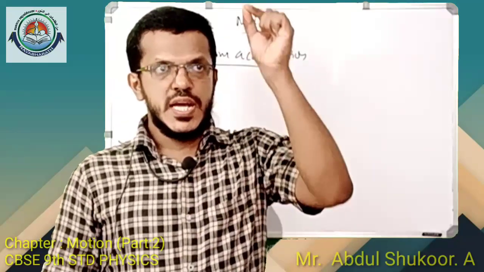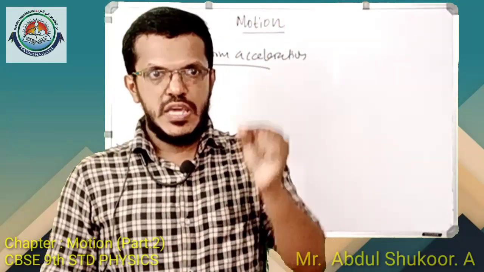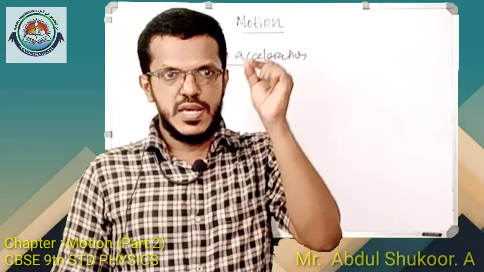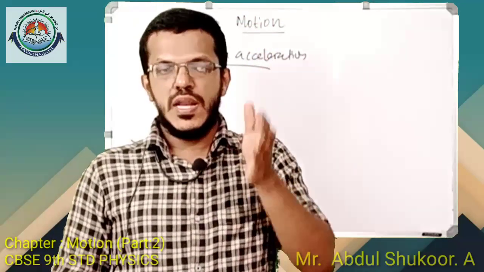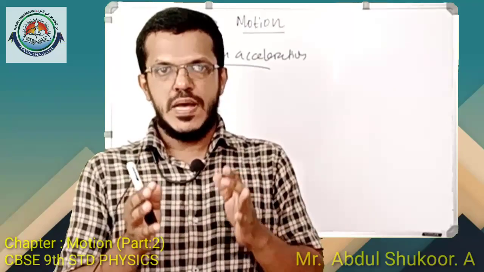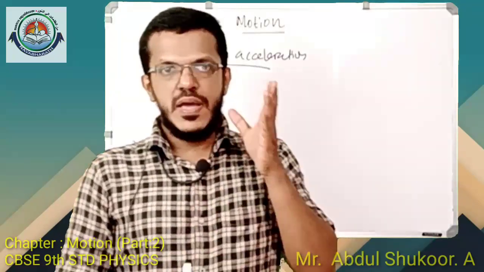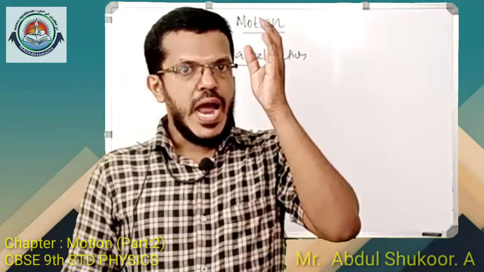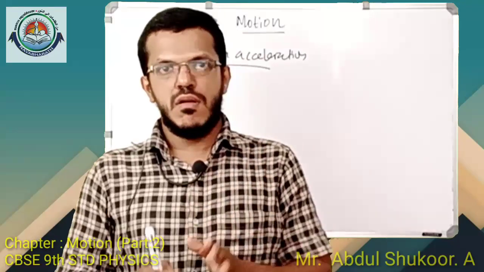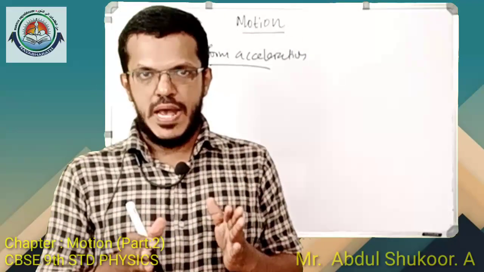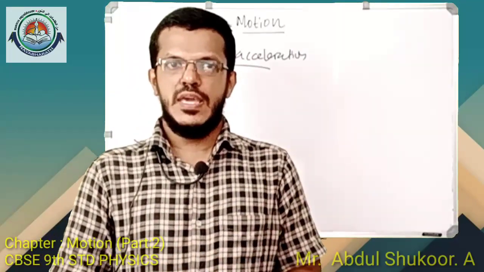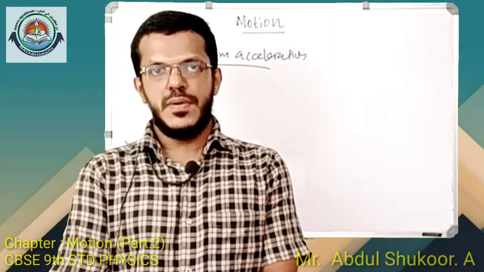If the velocity increases or decreases by equal amounts in equal intervals of time, that is uniformly accelerated motion. And if the object moves with unequal change in velocity in equal intervals of time, that is non-uniformly accelerated motion. Okay, do you understand my topics?